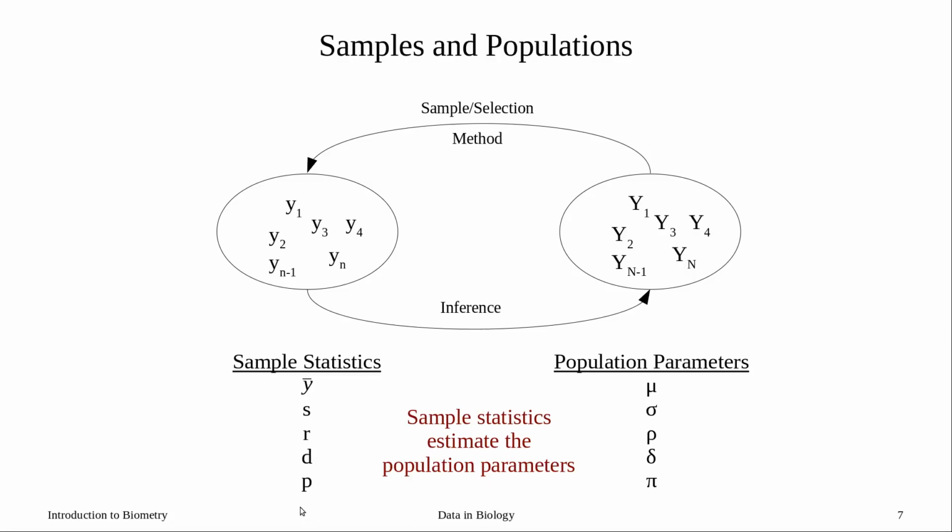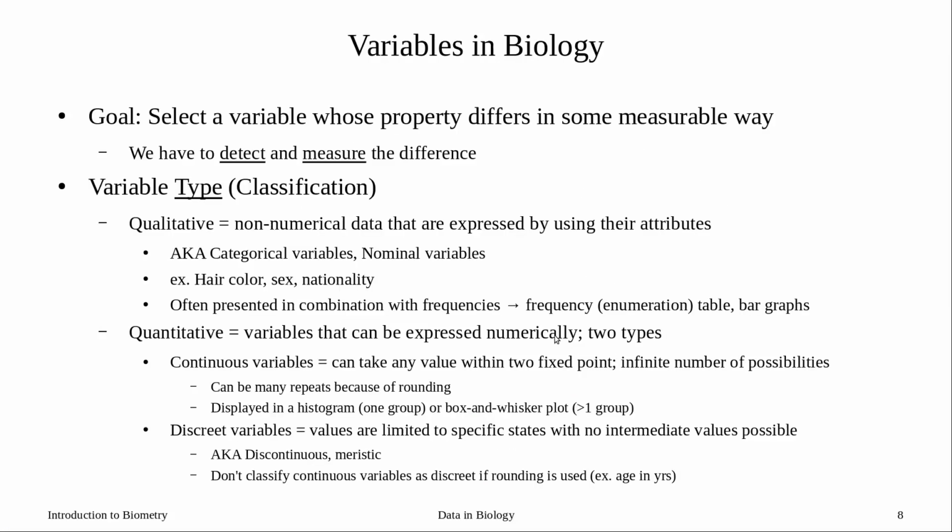That represents standard sample statistics, and what we try to do is infer the population parameters. When working with population parameters, we now utilize the Greek letters, so mu and sigma and rho and delta and pi. Ideally, if we have a good random sample, then our sample statistics should approximate the population parameter, and we'll talk about that in a bit.